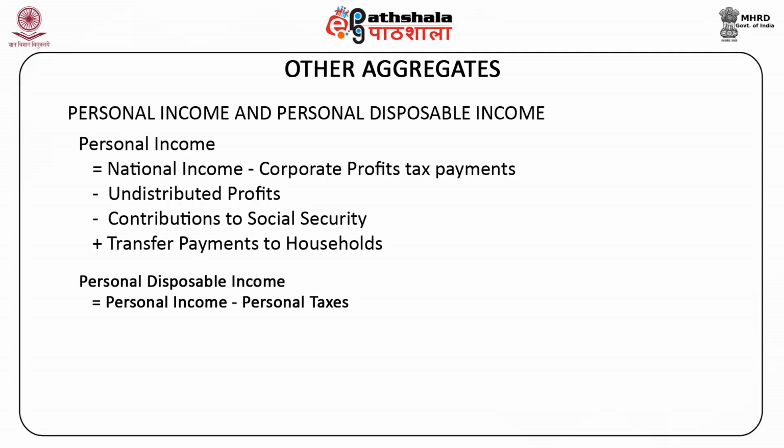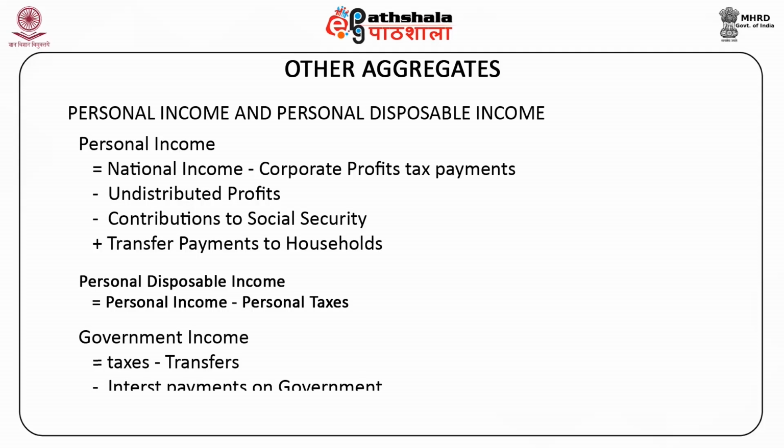The personal disposable income is equal to personal income minus personal taxes. Further, the part of income not available for the private sector is the government's income. The government income is equal to taxes minus transfers minus interest payments on the government debt.